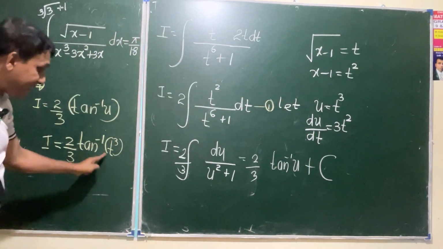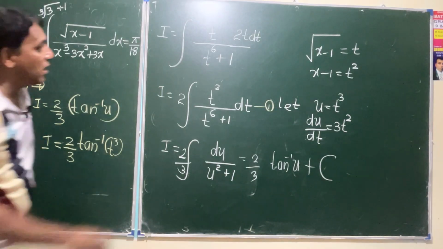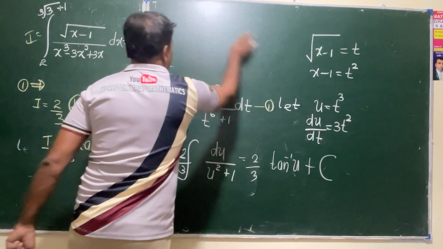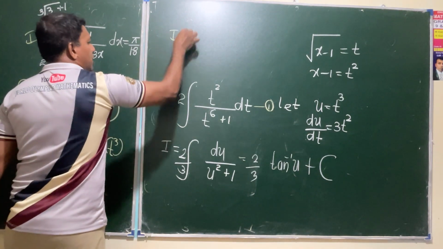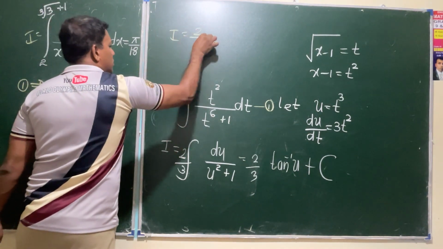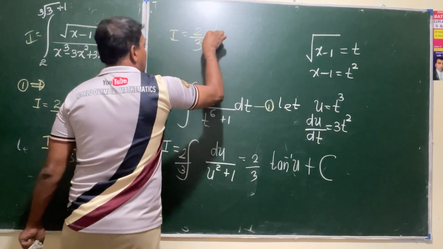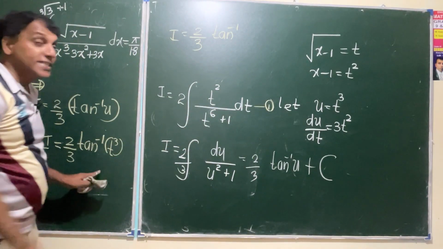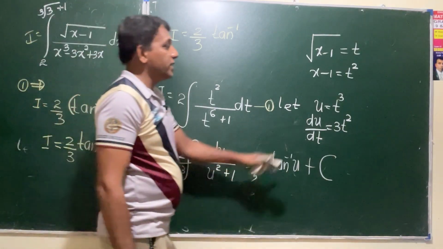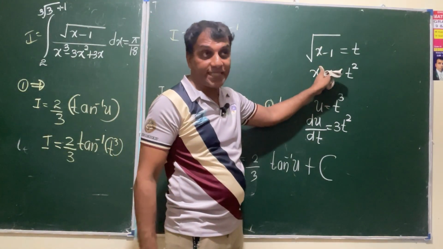Now apply for t. See, once again, nice work. A fantastic expression in integration. So finally, again, you can write properly 2/3 tan inverse. What is t cube? What is t? You know the t answer.